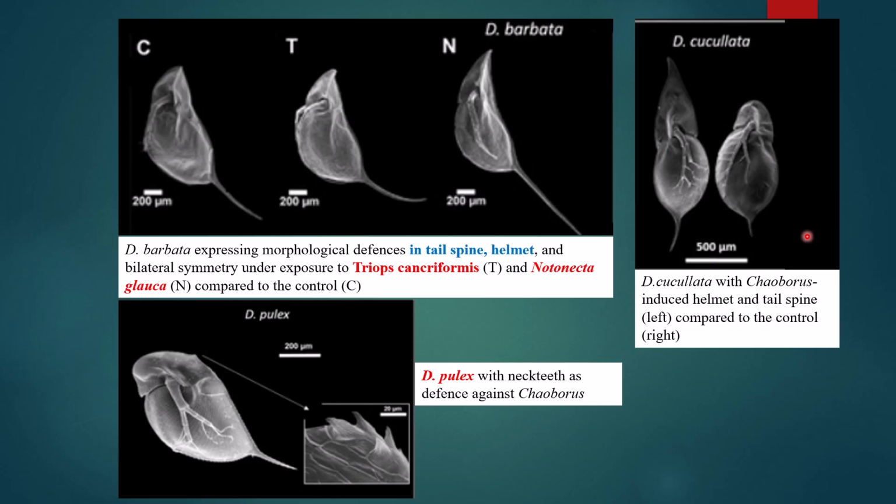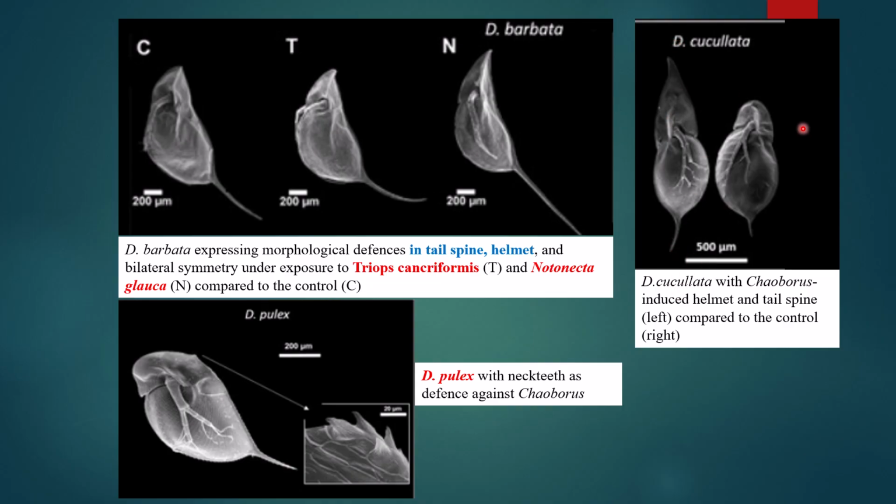And in case of this particular species, here, Daphnia cucullata. So here the exposure was done, and the predator that was used was Chaoborus. Chaoborus is again another insect larva, और इसका क्या इफेक्ट है ऑर्गेनिज्म पे, that it has resulted into the production of a very large helmet and tail spine as well.